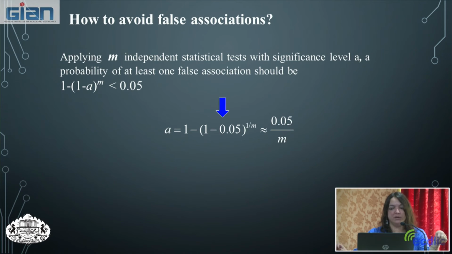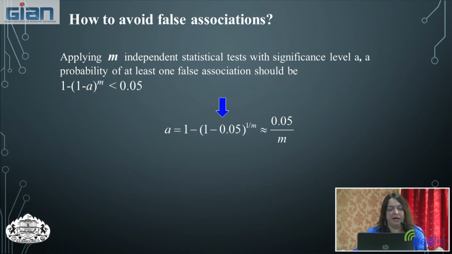Okay, so how do we avoid making false associations or false positives? Say we're doing M independent statistical tests at a significance level of A. M might be 131,000. That's how many t-tests we've done, because that's how many voxels we're tracking over time. And we pick a p-value of 0.05.